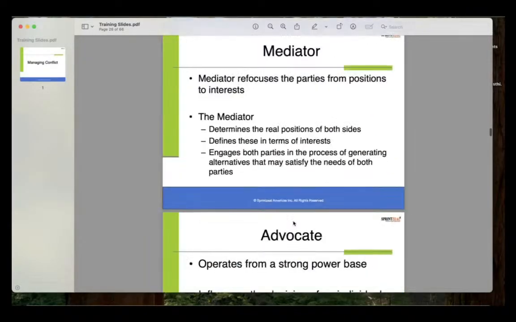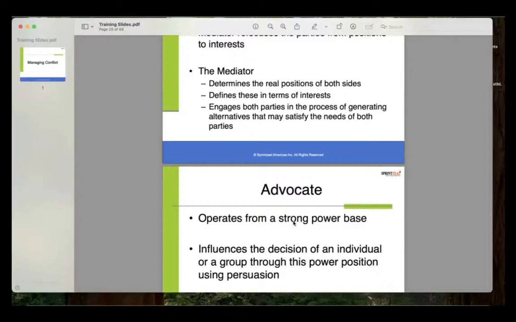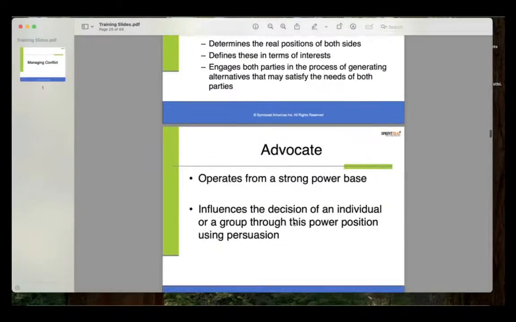Sorry, I have one question, Ruth, about the advocate. They operate from a strong power base.